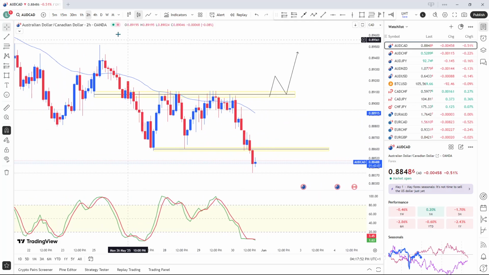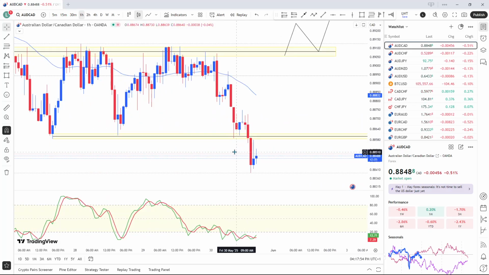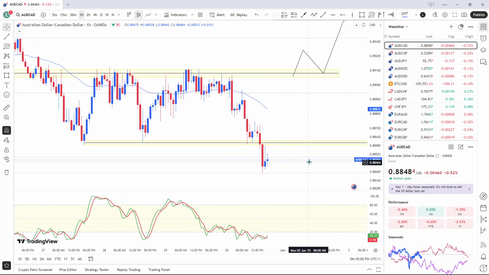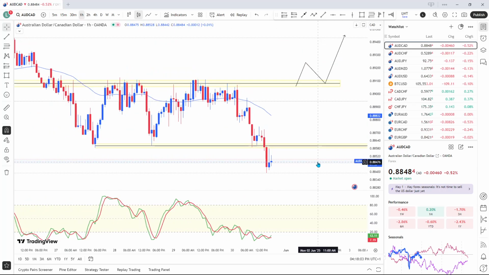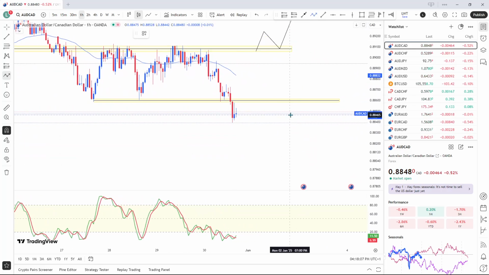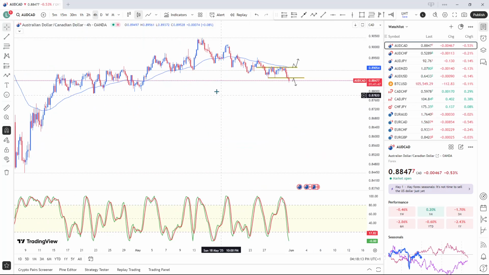So again, sticking to the higher time frames makes life that little bit easier. You don't want to be trading the 5 minutes, you'd be buying and selling everywhere. Stick to the higher time frames. So now I would consider looking for something like this, and then try and take out some of these lows down here, that liquidity aiming.